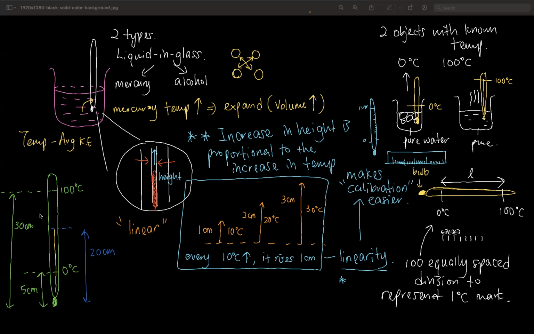Okay, now first, you see the difference between 100 and 0. What is the length? 30 minus 5, right? This is the length. So 25 cm. I write down here, 100 degrees Celsius is 25 cm.